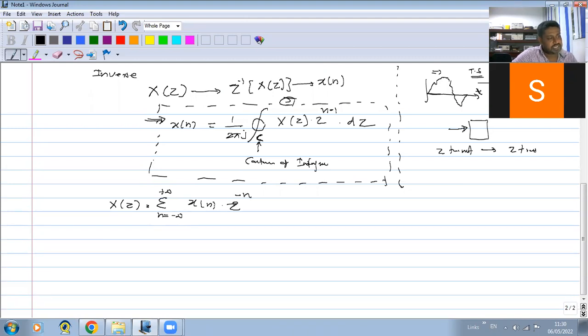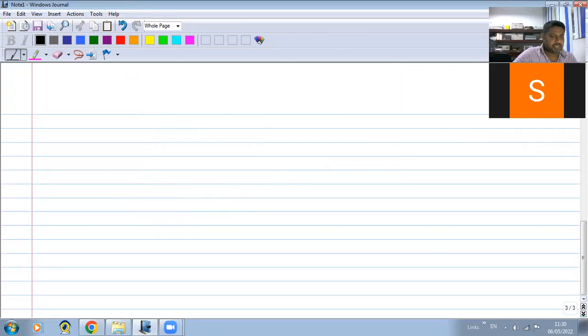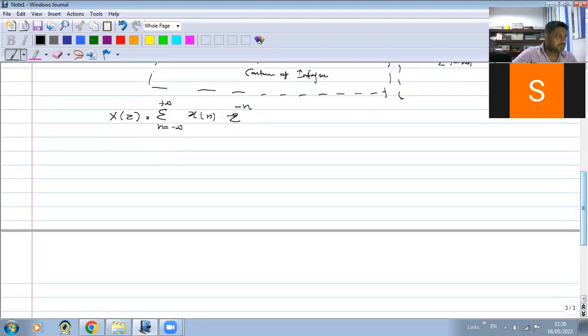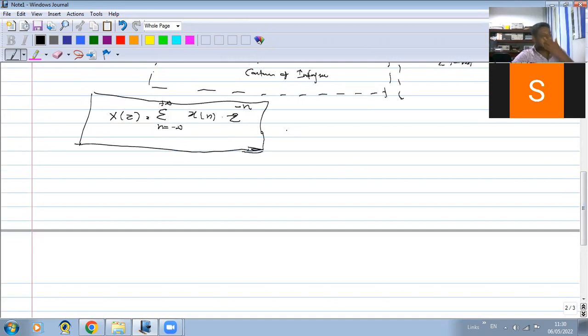To get a clear understanding, we will do one or two examples, then you will get this idea very clearly. This is our identity, and we are now going to use it. Gradually we will speak about the properties and the important factors related to this Z transform.